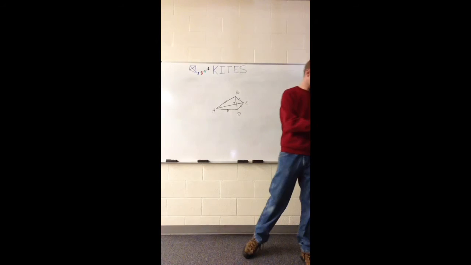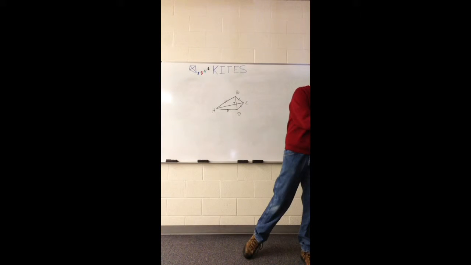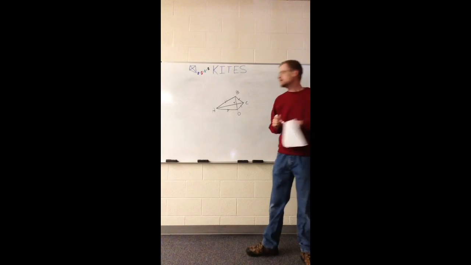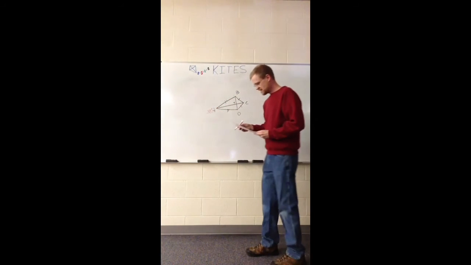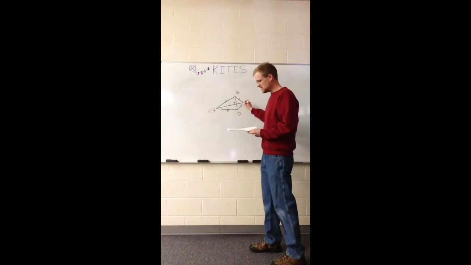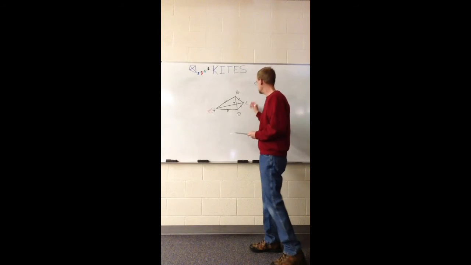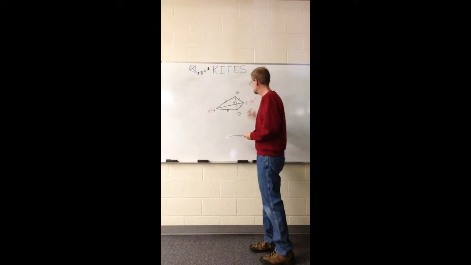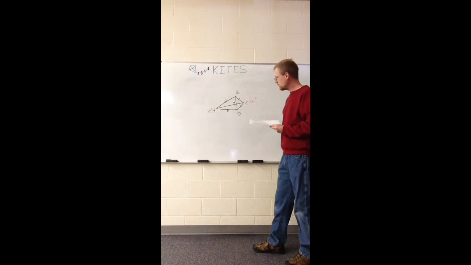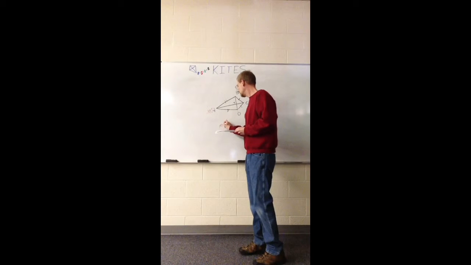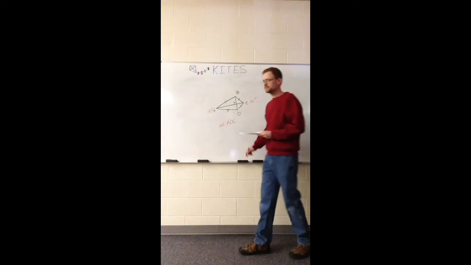Okay, let me get a different color here so this shows up. All right, if this angle here is 38 degrees altogether, okay, and BCD is 50, okay, we want to find the measure of ADC, all right?